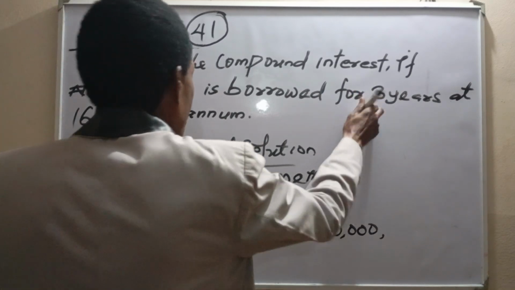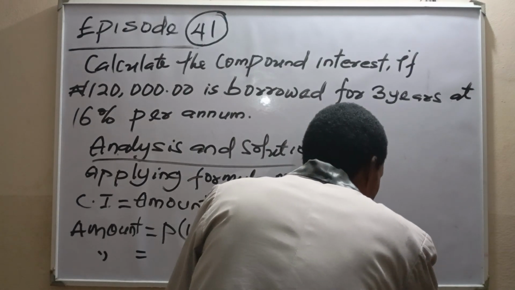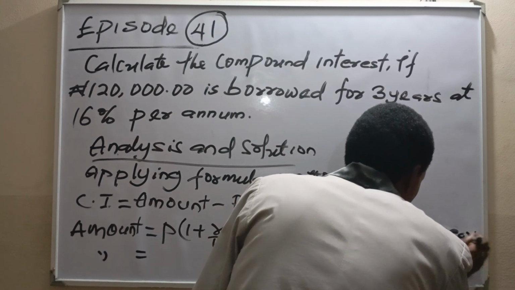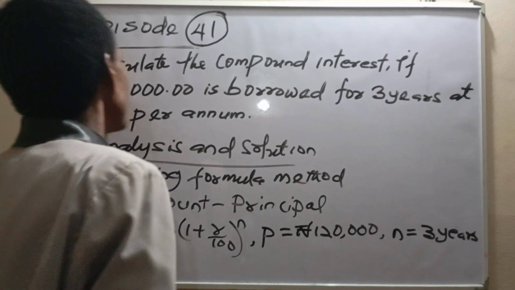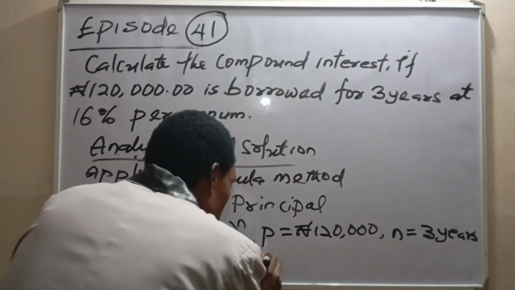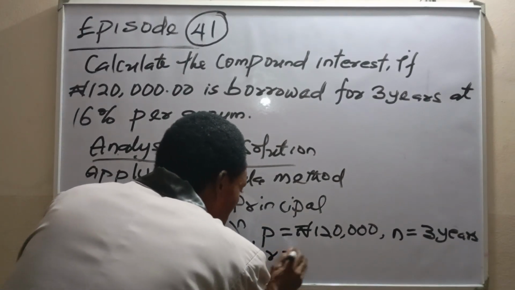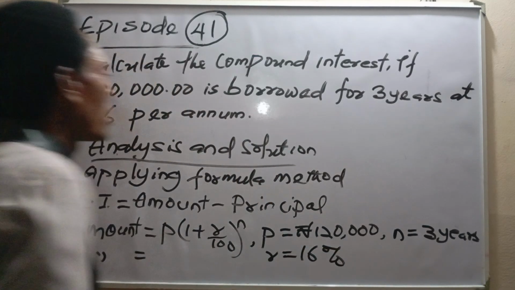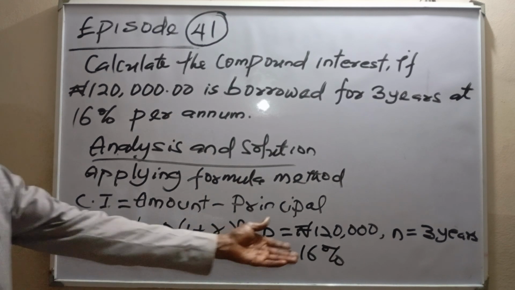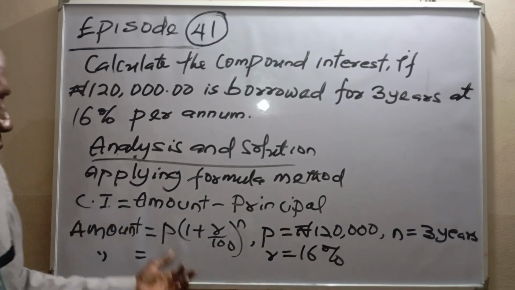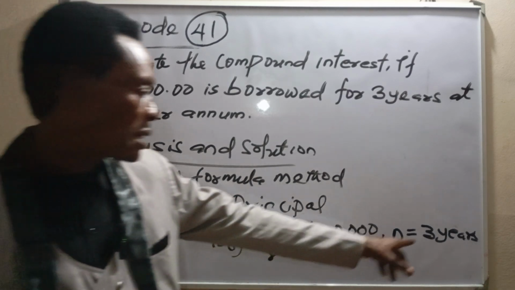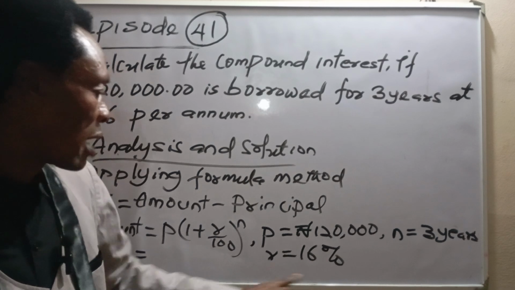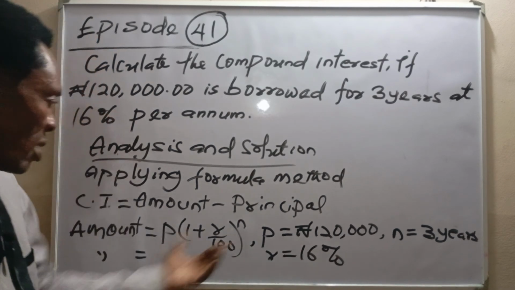Then the years, which is n, is 3 years. Then the rate, which is r, is 16%. So you have to take note of all this: P stands for principal, n stands for the years, 3 years, and r stands for the rate, which is 16%. Take note.